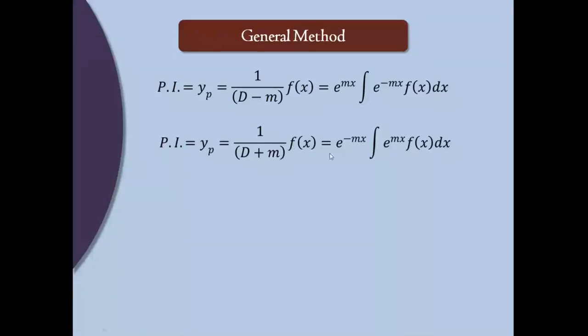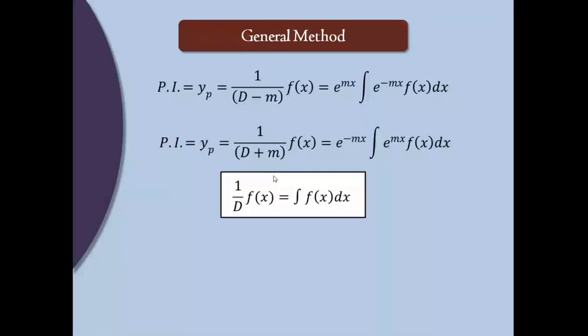Now it may happen that instead of a single term, we have more terms. Before that, if this m is 0, we get 1 upon D f of x, and e raised to 0x integral e raised to minus 0x f of x dx. E raised to 0 is 1.